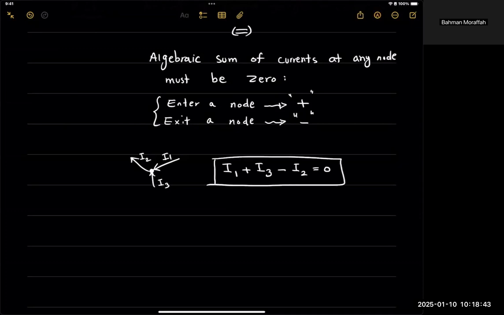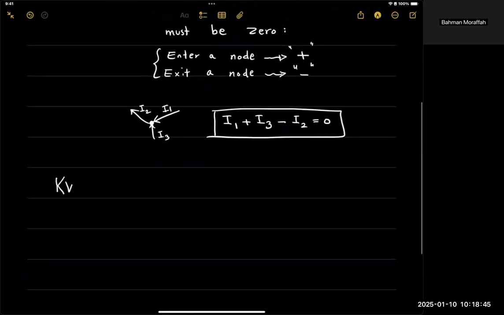We also had KVL, which states that in any closed loop in the circuit, the algebraic sum of all the voltages should be zero.